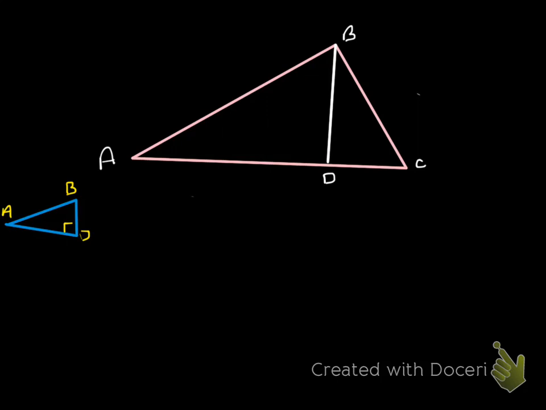Then you're going to have a triangle right here, that is your DBC, and here's your right angle. And then finally, you're going to have the big triangle right here, where that's the right angle, and it's A, B, C.